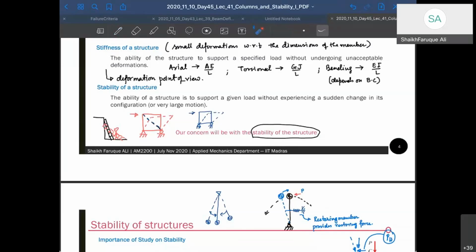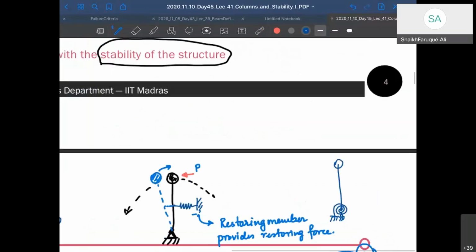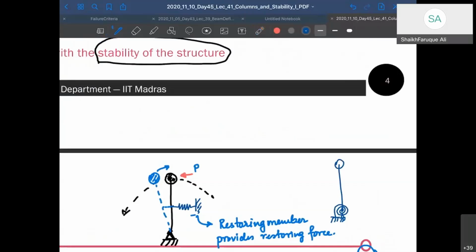You can also do something like this: you give a torsional spring at the bottom along with the supports. Now what happens if you move it? You see, because of the torsional spring here, there will be a moment that acts here, and the moment will again bring it back.